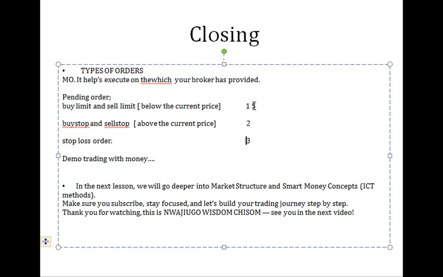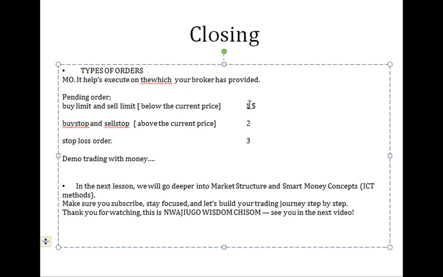When the market comes to 3, it puts you in, then it starts going up. It's known as a limit price. Vice versa, you wait for the market. The current price is 1. You want the market to come down to 3 before the price puts you in, below the current price.